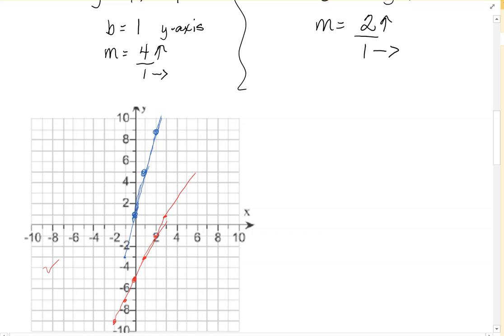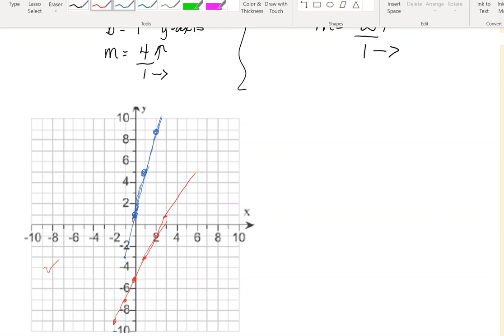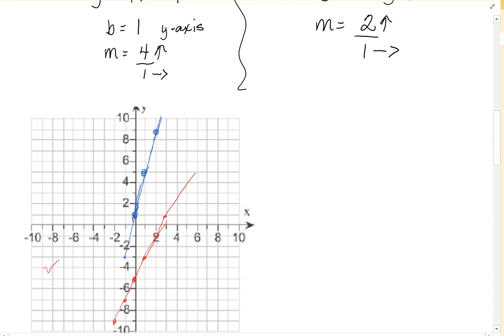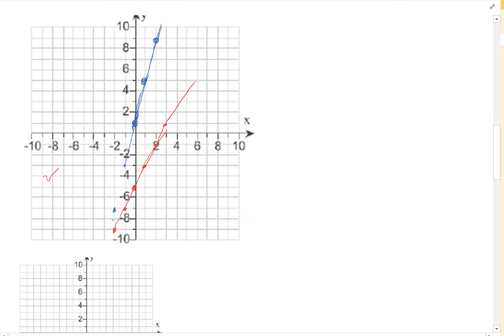So I need to go back to my blue line, and this is where it would be so much easier if I could just draw these lines and continue with that reverse process of down 1, 2, 3, 4, left 1, down 1, 2, 3, 4, left 1.